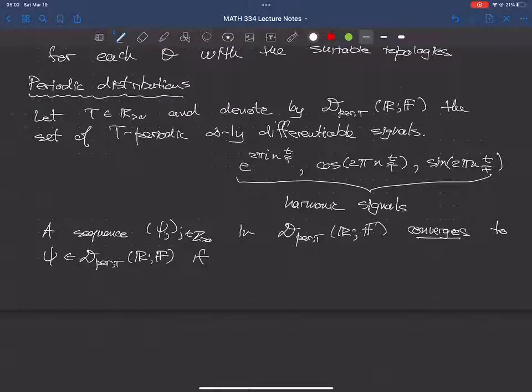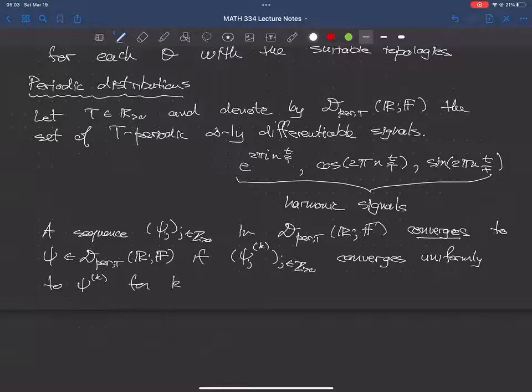So in any case, psi_j^(k) converges uniformly to psi^(k) for all k. The uniform convergence here is on all of R, but as I have been repetitiously saying, that really just amounts to uniform convergence on [0,T].